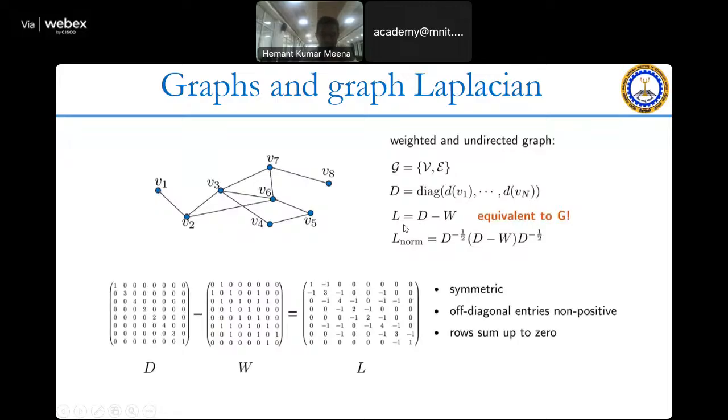After L equal to D minus W, another thing we calculate is the L norm. What is this L norm? Laplacian norm. This is equal to D to the minus half, D minus W, D to the minus half. So not only one Laplacian is there, this one is also there.